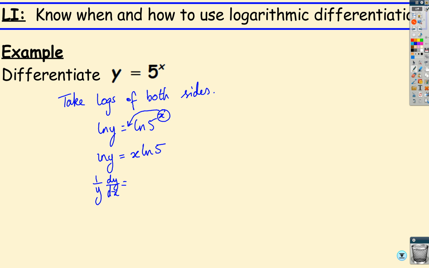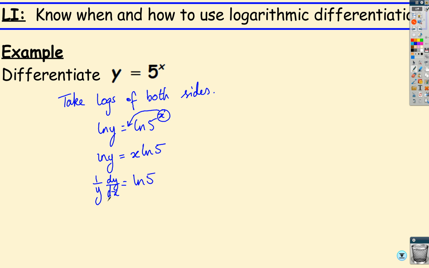Now, you might be fooled into thinking that you need the product rule to differentiate a term like that, but you don't, because log 5 is just a number. So you would just differentiate it as if that was saying 2x instead of x log 5. And the derivative of 2x is just the number 2, because the derivative of x is 1. So the derivative of x log 5 is just log 5.